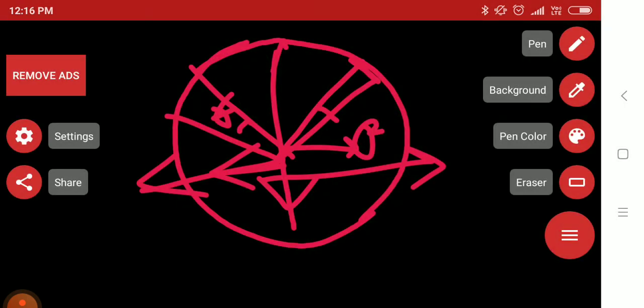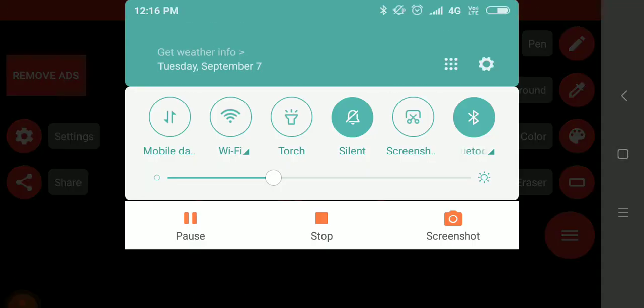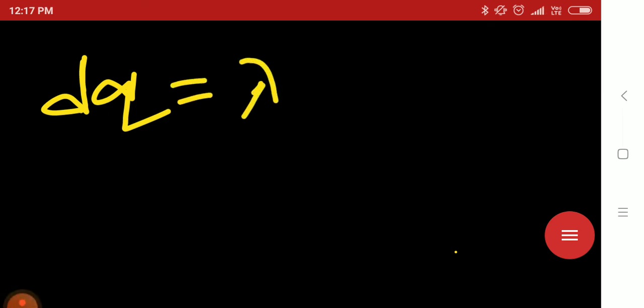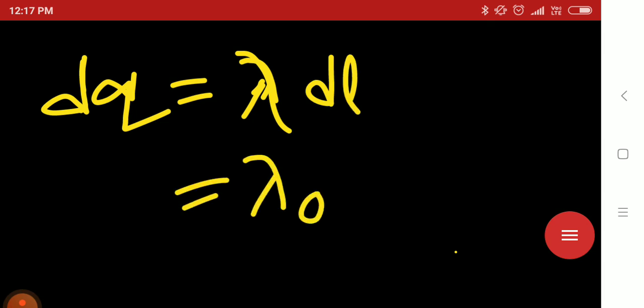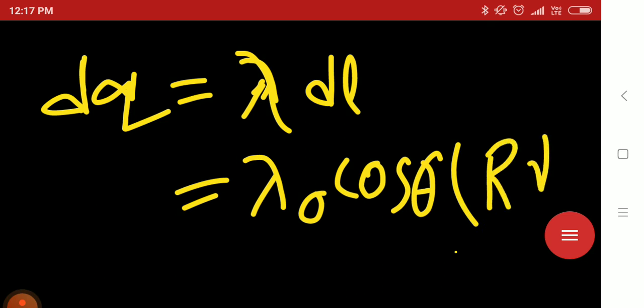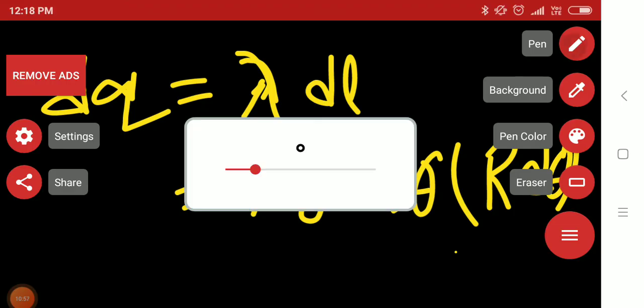So now we will calculate the electric field. What we can write is dq equals lambda dl, and lambda equals lambda 0 cos theta, with dl equals r d theta. And the electric field will be what?